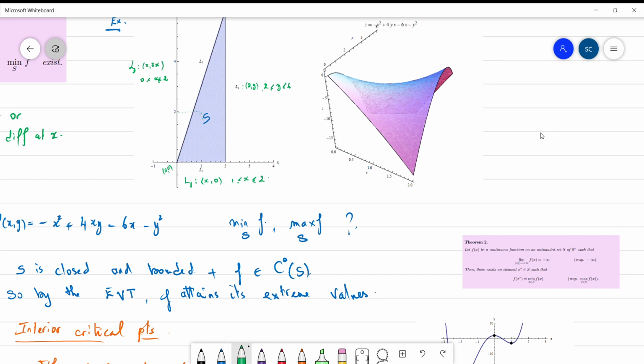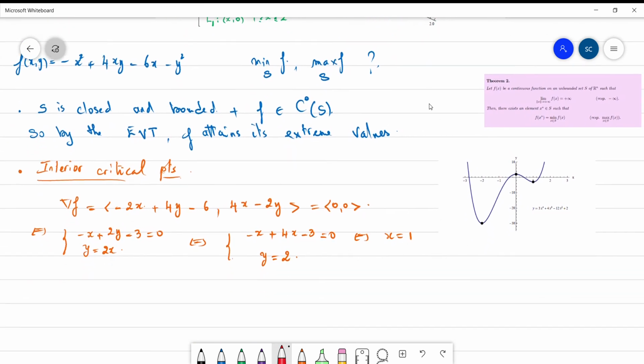It's not on the line, because for x equal 1, y on the line would be 3. So 1, 2 is the only critical point, an interior critical point belonging to S. We have one critical point, and the value of f at 1, 2, if you substitute, is minus 3.